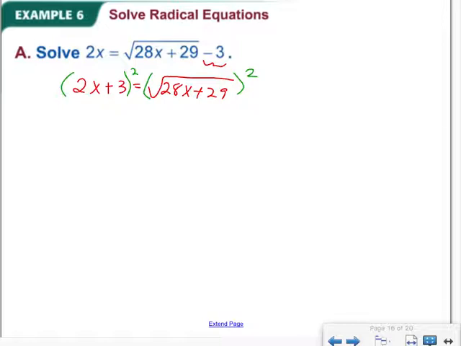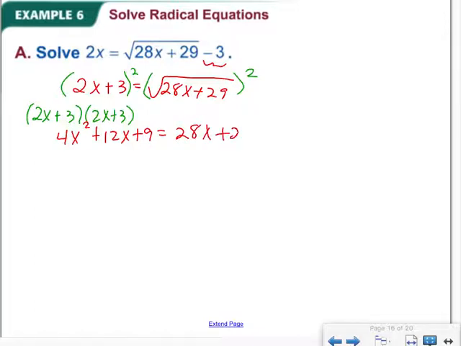Now the thing I want you to remember from Algebra 2 is that when we square this left side, we actually need to FOIL it out, or distribute. Otherwise, it won't work. When you distribute that out, you get 4x squared plus 12x plus 9. And then on the right side, the radical and the square cancel each other out, leaving us 28x plus 29.